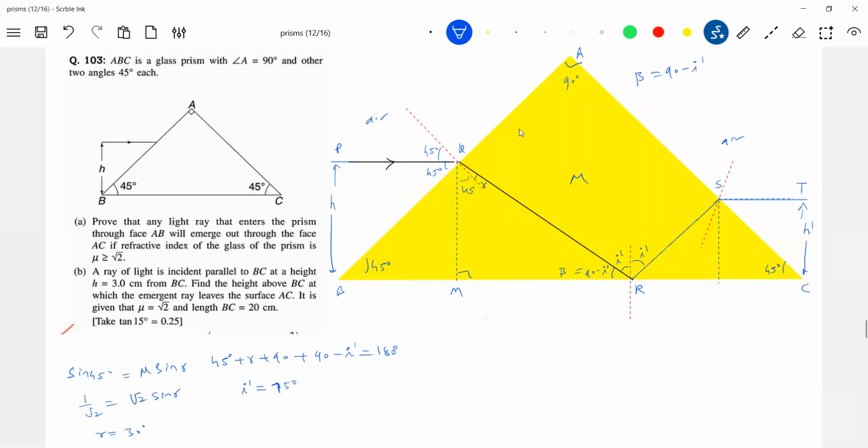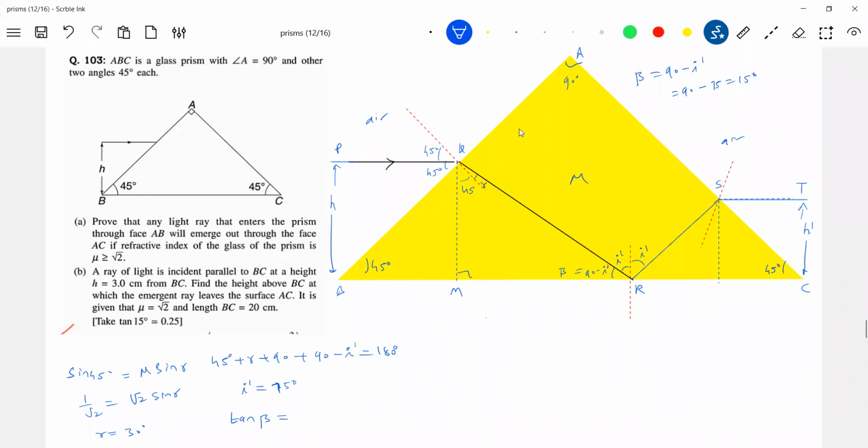So tan beta equals QM by MR. 90 minus I dash is 75, so beta is 15 degrees.